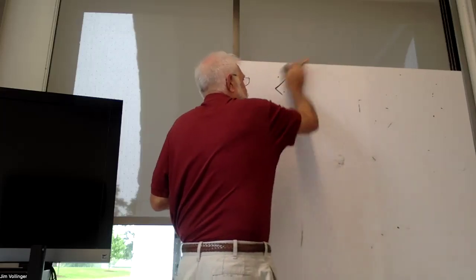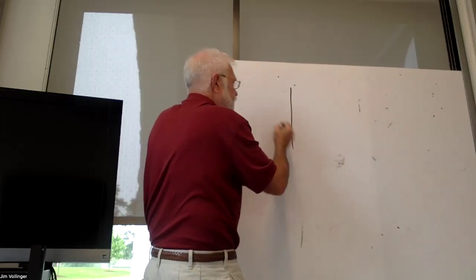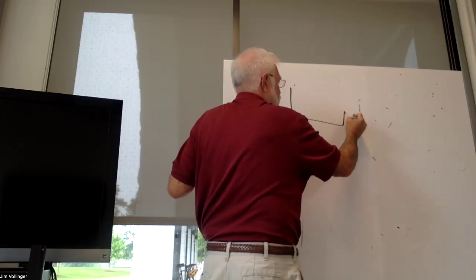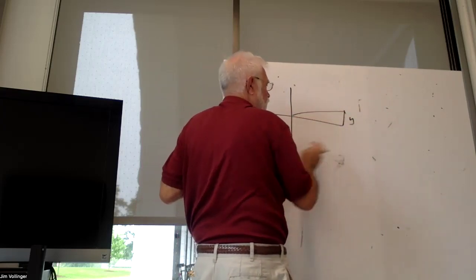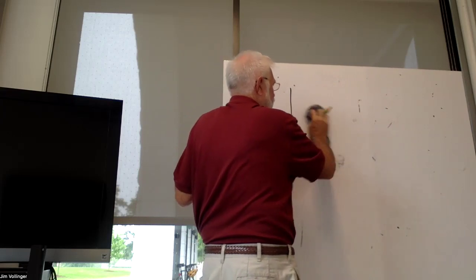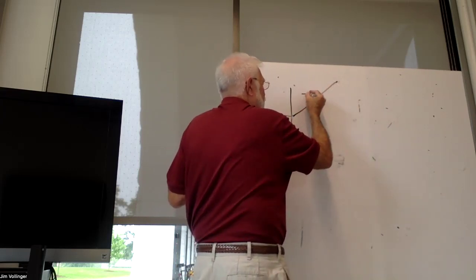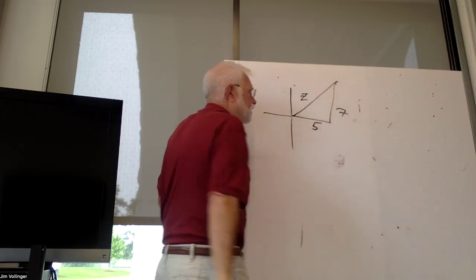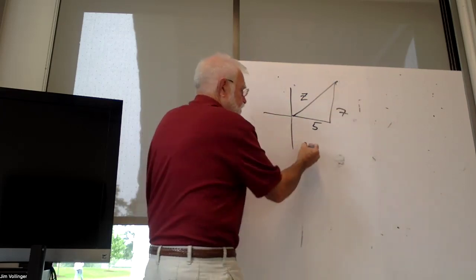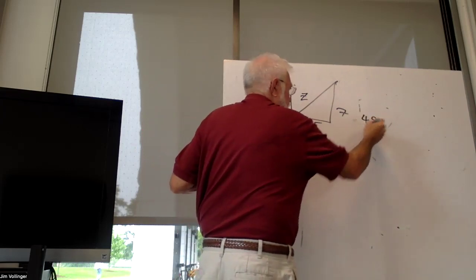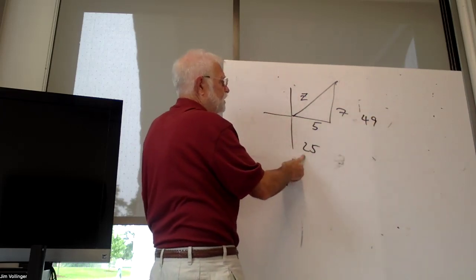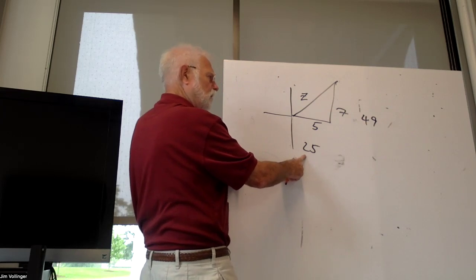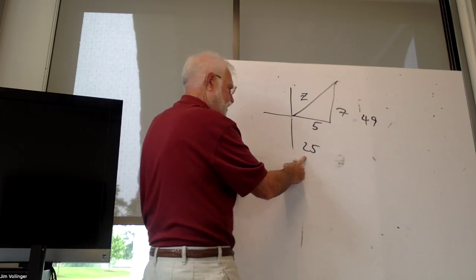Let's try another one and you see what you get. Let's find this z value. If we call that 5, let's call that 7. I'm seeing 25, I'm seeing 49, so that's 74.